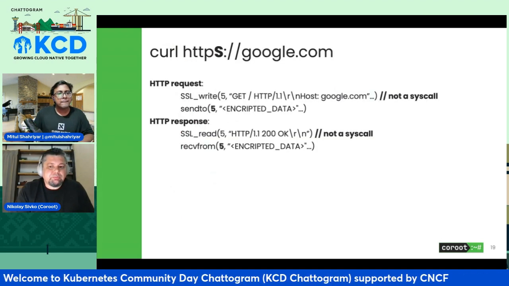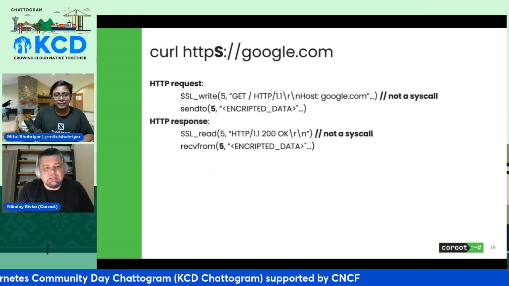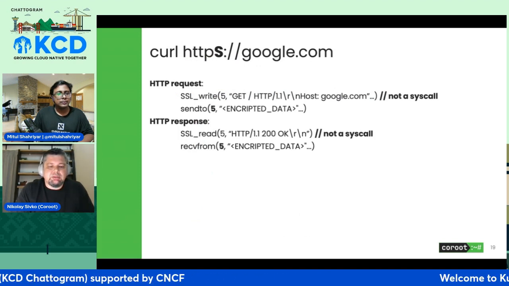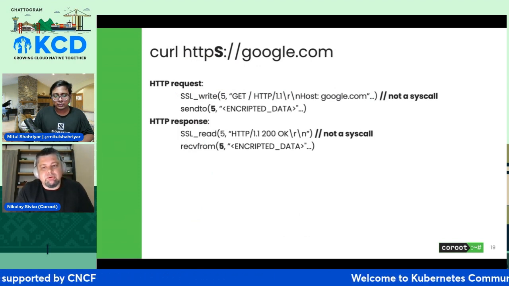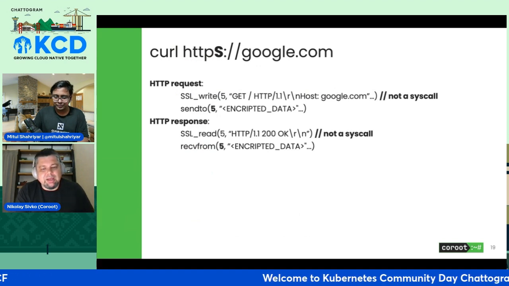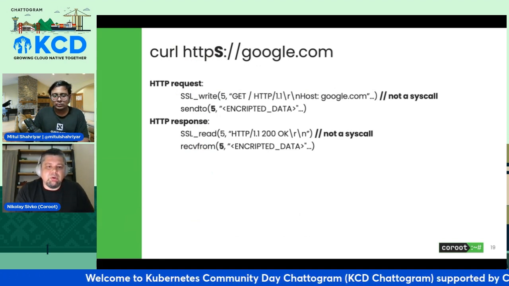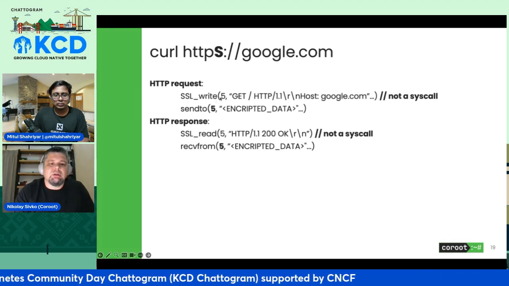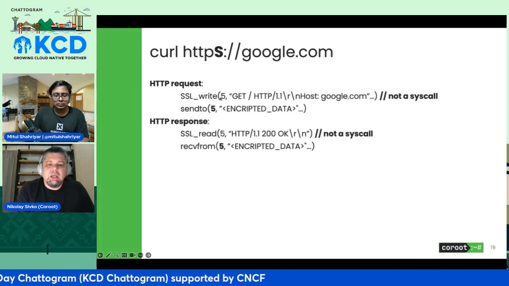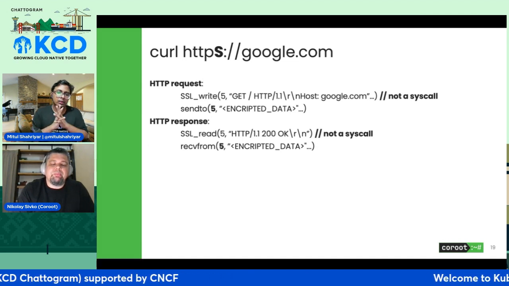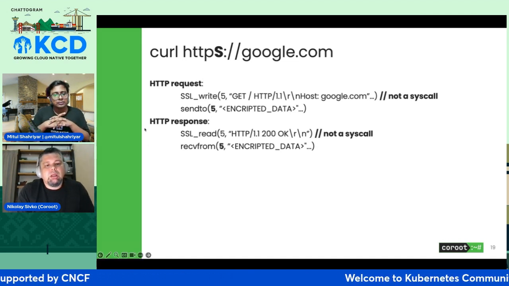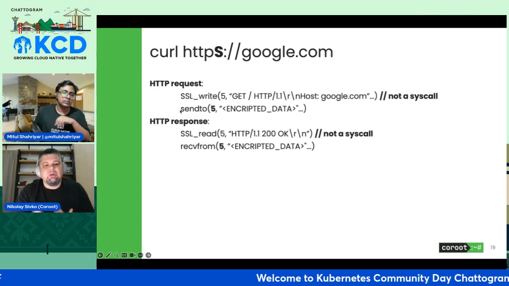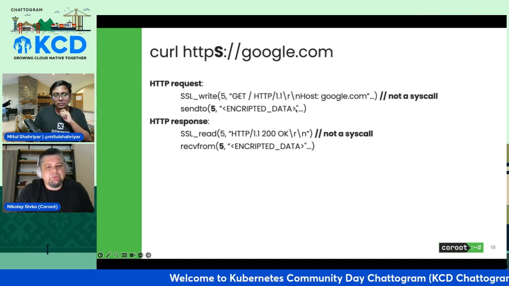And these days, most communications happen through TLS encrypted connections. To deal with that, our agent uses uprobes to capture OpenSSL calls, because if we track only TCP level communications, we will see only encrypted data.